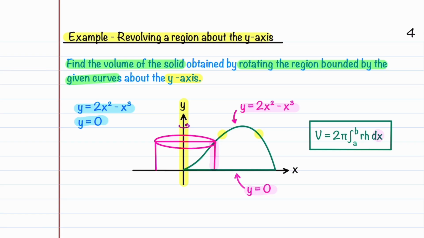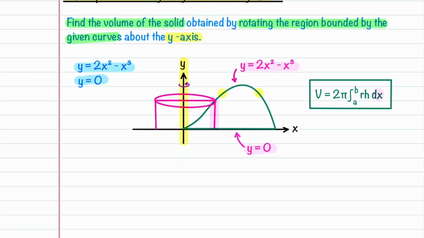To do that, we just have to set the curves equal to each other. So we're going to say 2x squared minus x cubed is equal to 0. We can factor out an x squared, and that leaves us with 2 minus x is equal to 0. And we can see then that x is equal to 0 and x is equal to 2.